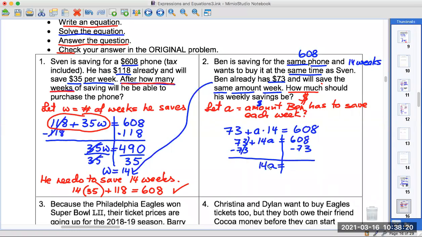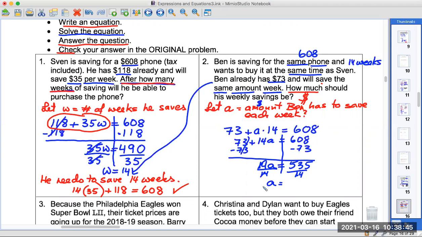$608 minus 73. I used a calculator, 535. Divide by 14. Use a calculator.